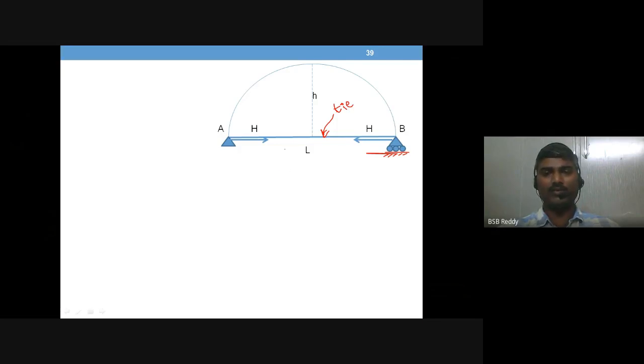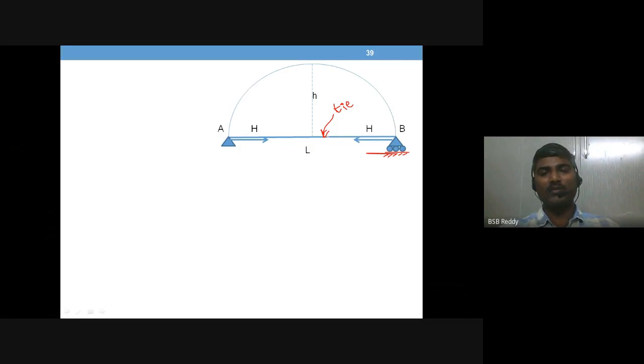The purpose of providing one of the supports, either A or B, with a roller is to facilitate the tie to be in action. If you provide two hinges at the springing points and you provide a tie, there is no point, because the tie will never come into action.